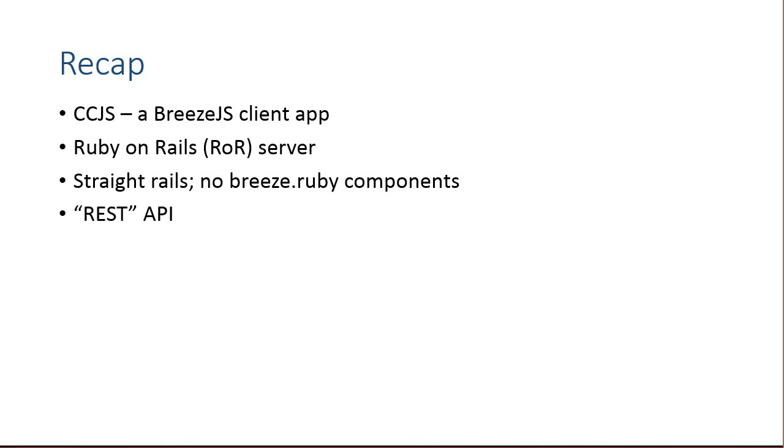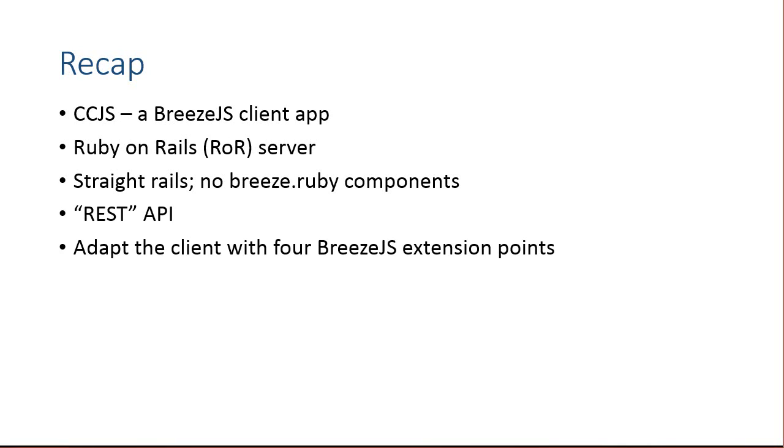That means the API is a REST API, not the kind of RPC style that would be more familiar to the Breeze.NET developer, but it doesn't really matter. We can have the client adapt to that with just 4 Breeze.js extension points. It was a small amount of code, and it didn't intrude into the rest of the application.